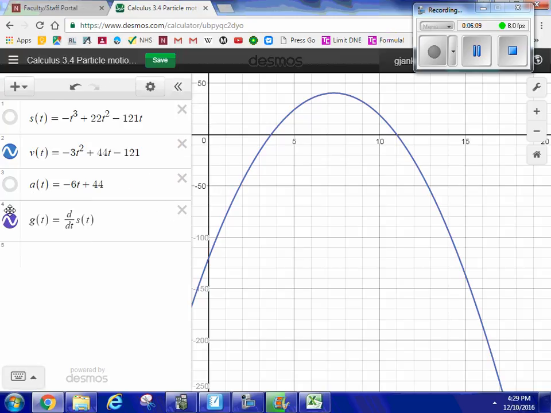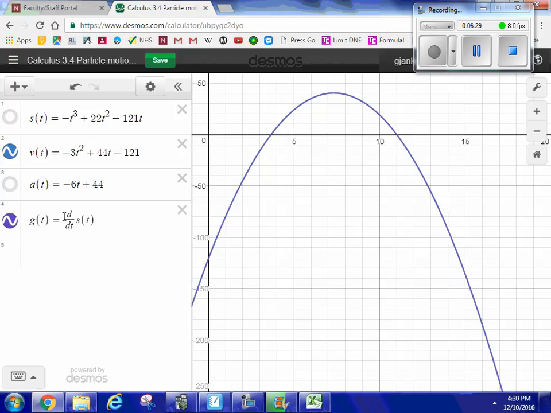So I see a purple graph right there, and a blue graph and a purple graph, and they look identical. So I've kind of confirmed that my velocity function is in fact the derivative of my position function.